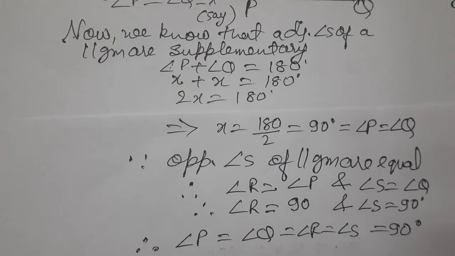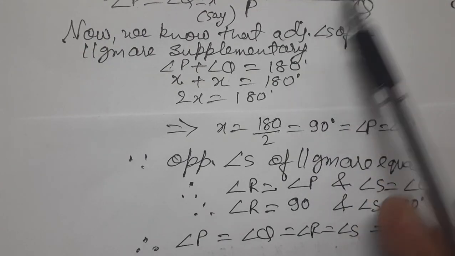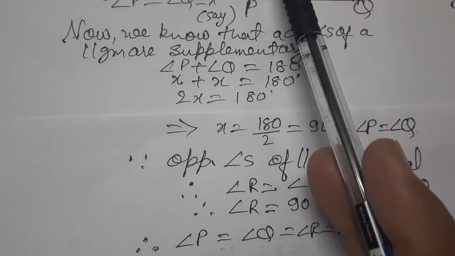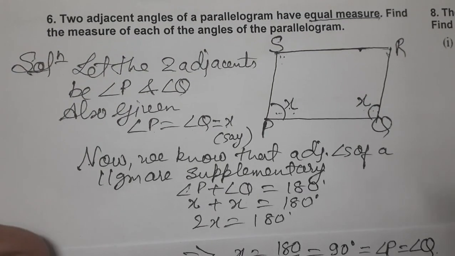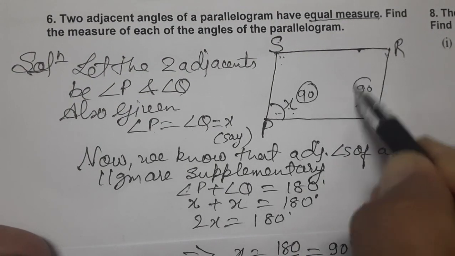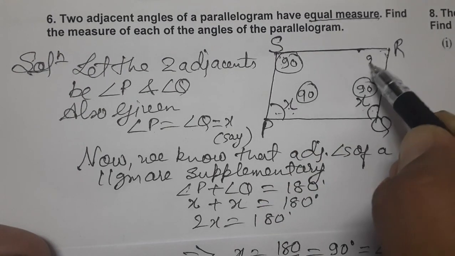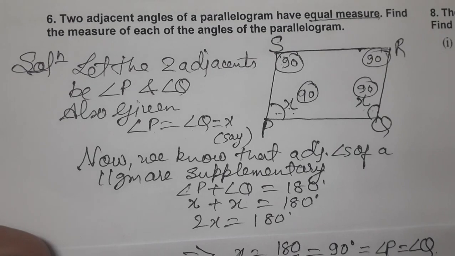All are 90 degrees because angle P and angle Q are equal and the opposite angles are also equal. So if one is 90, the second is 90, the third will be 90 and the fourth will be 90 degrees. So all angles equal 90 degrees.